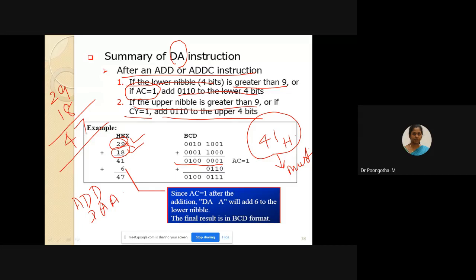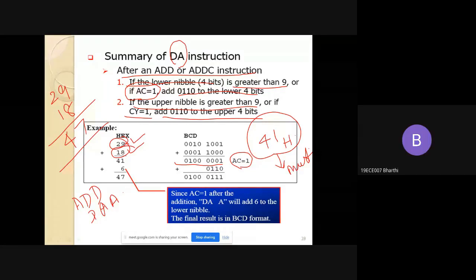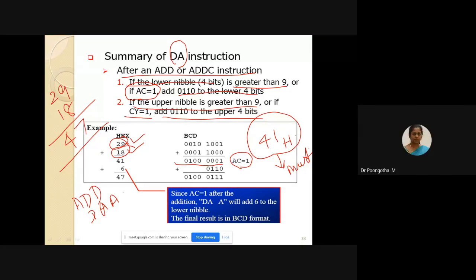Is that clear? So here the auxiliary carry is 1. What is the step involved if the auxiliary carry is 1? Add 6 to the LSB. So 0110 is added: 0100 0001 plus 0110 gives 0100 0111. What is the answer? 47. Now 41 is adjusted into 47.